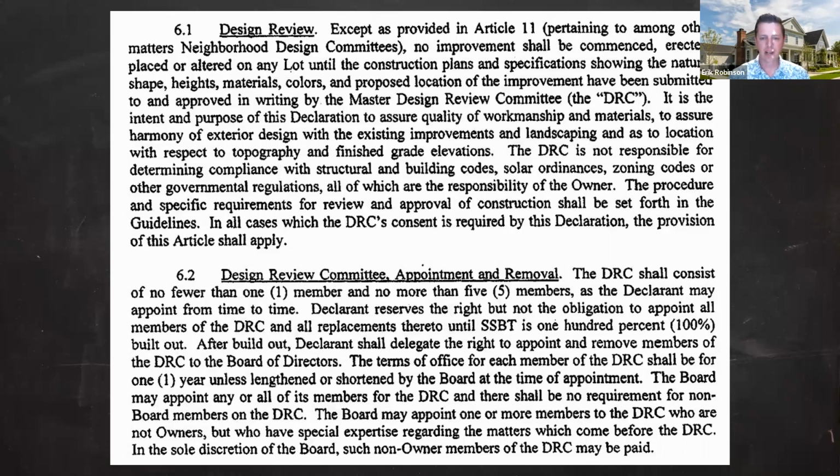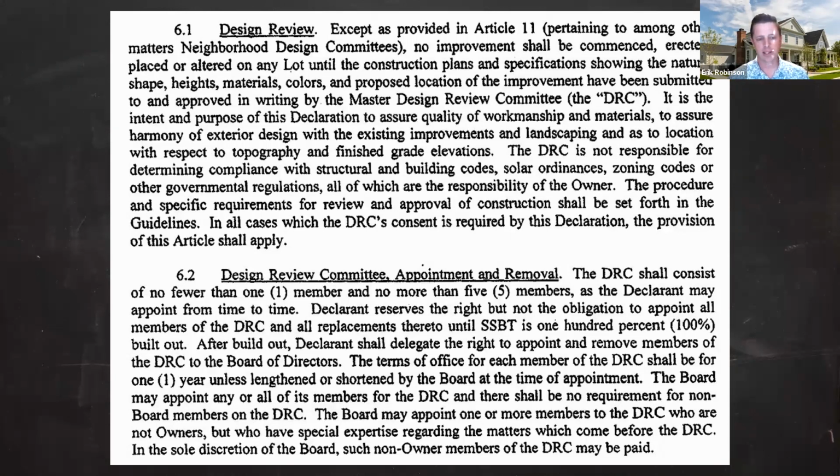It does say also here, and this is important to note, that the DRC is not responsible for determining compliance with structural and building codes, solar ordinances, zoning codes, or other governmental regulations, which are the responsibility of an owner.